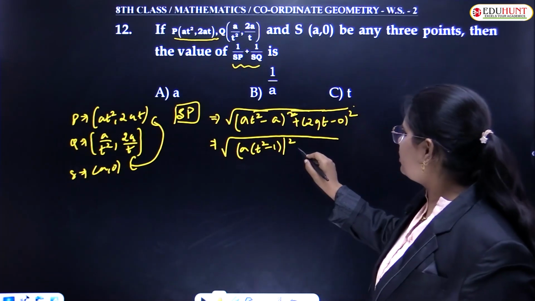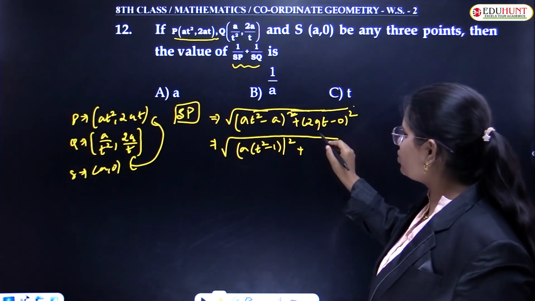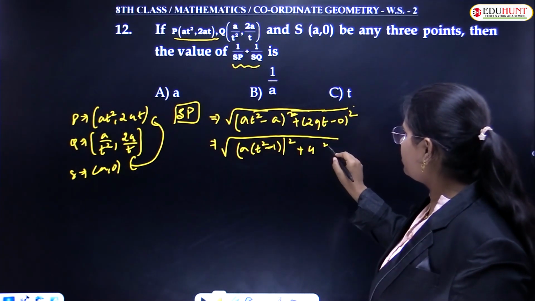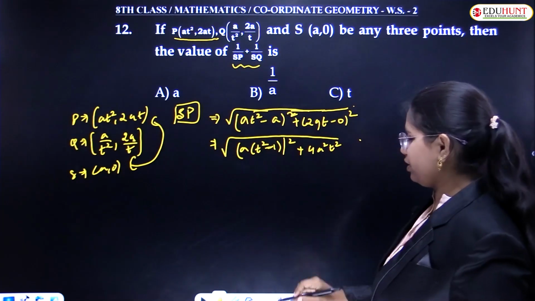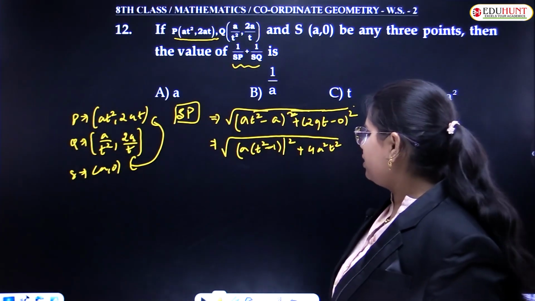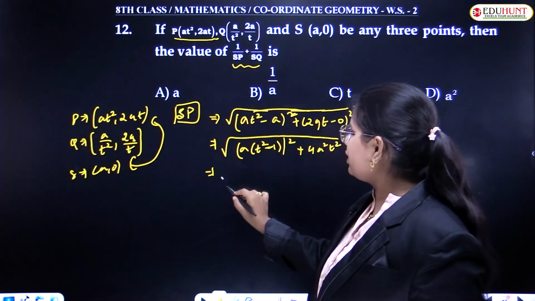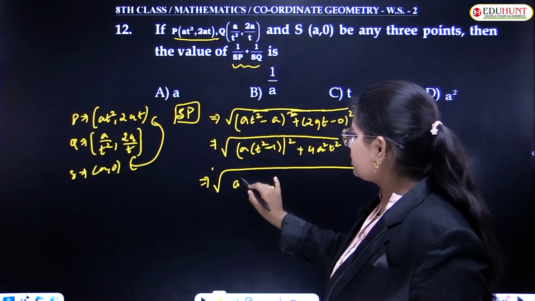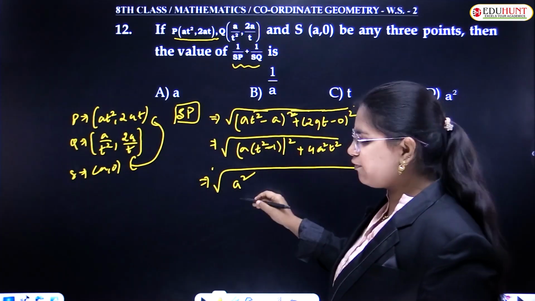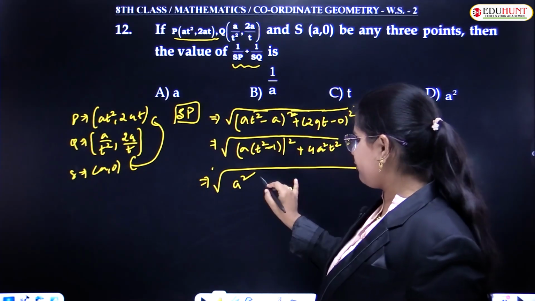And this is (2at) square, which is 2 square is 4, a square t square. Right. So what I will have then? A square. (ab) whole power of m is a power of m into b power of m.